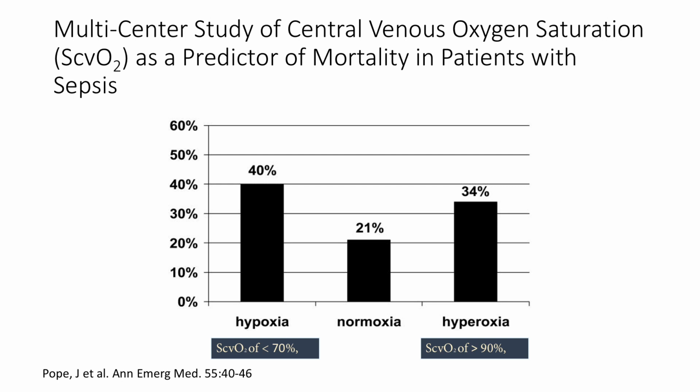So what's going on here, if you just think it through, is that if your mixed venous sats are low, then oxygenated blood is leaving the left ventricle.